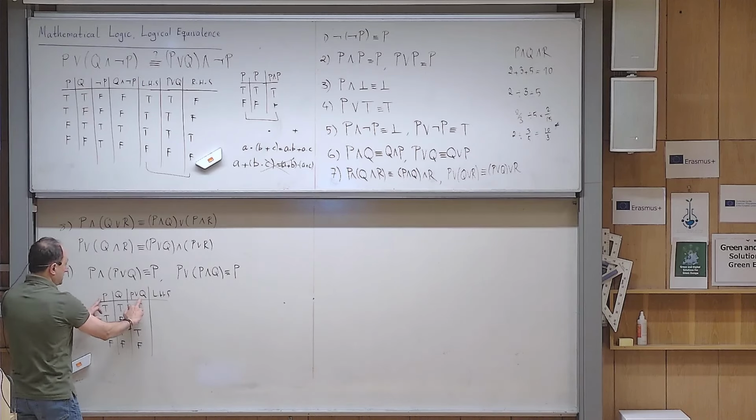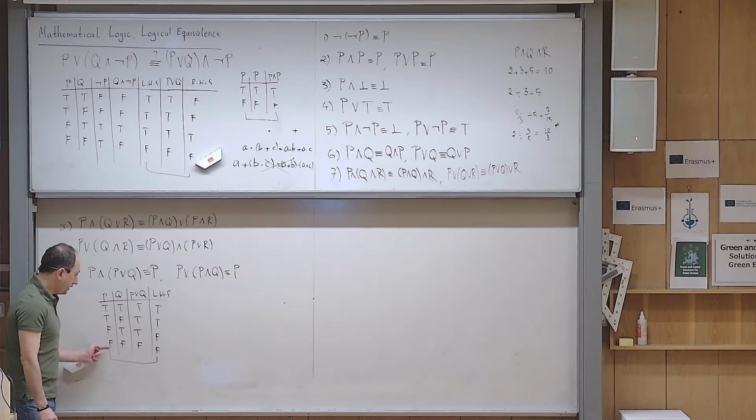So this is T, this is T, this is F, and this is F. Now compare this one with this one, they are identical, yes? Because P is T, T, F, F. The right-hand side is T, T, F, F. So they are also identical.